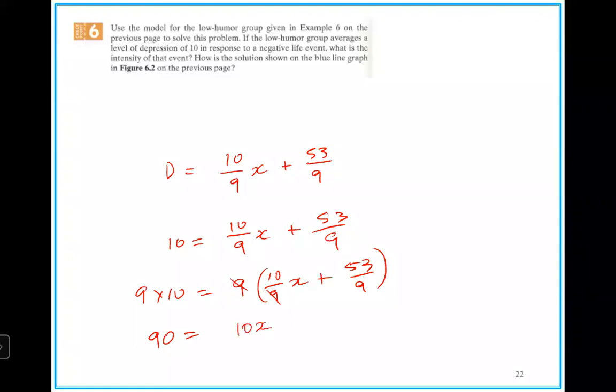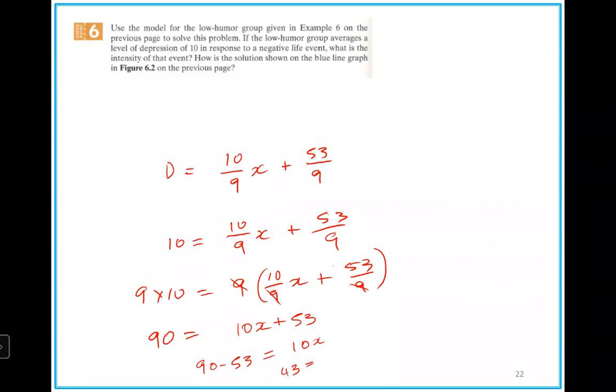And then the 9 cancels again, so that's plus 53. All right. And then we'll have to bring over the 53. So we say 90 minus 53 equals 10x. And so then that will be 37.